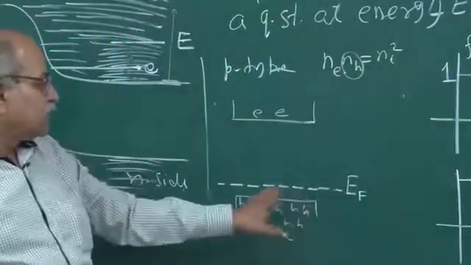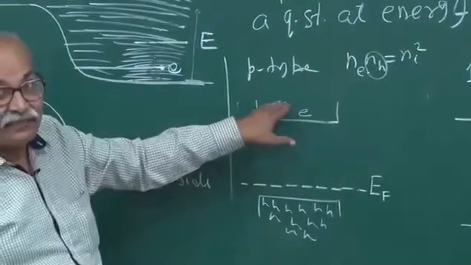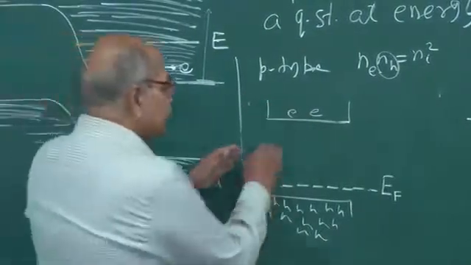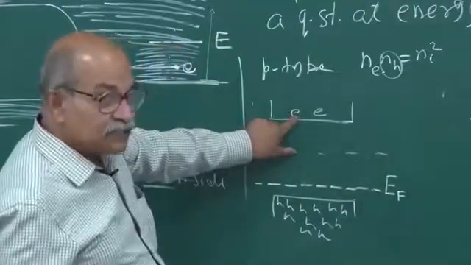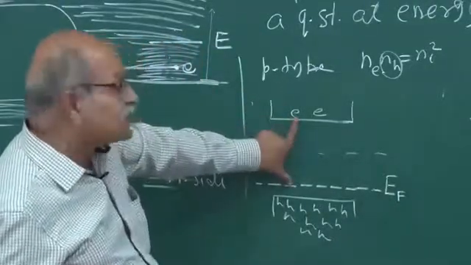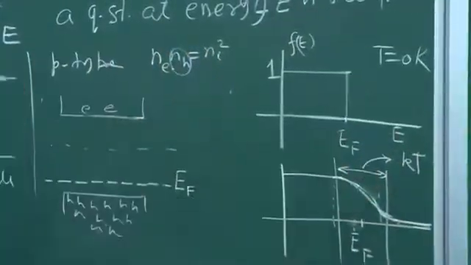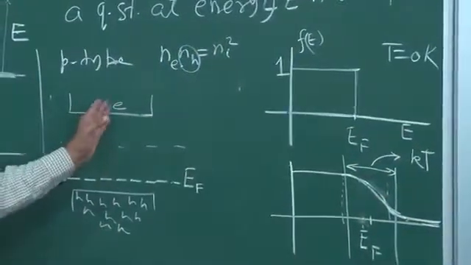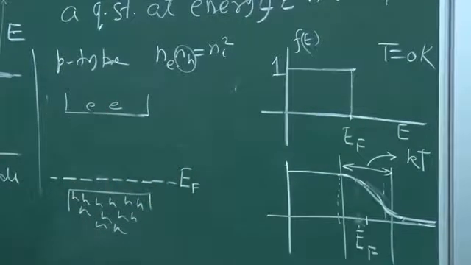In this picture, we have gone even farther from the Fermi energy. Initially the Fermi energy was in the middle, so we were this much away. Now you are this much away, so the probability has again decreased, and you have a much smaller number of electrons here. So here the Fermi energy is like this.